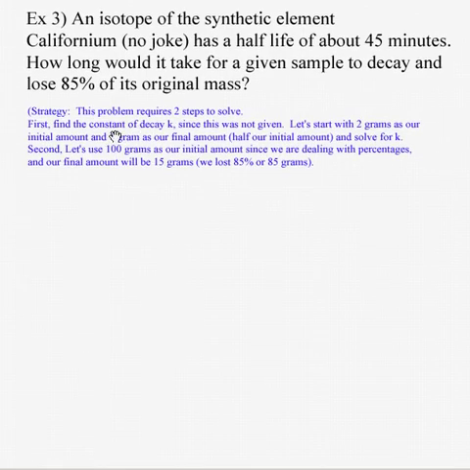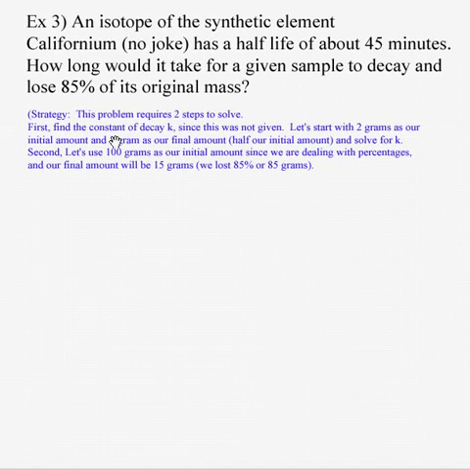This is half-life, so our final amount is going to be half of it. We can start with 2 and end with 1. We can start with 1 and end with a half. And we're going to solve for k. That's step 1. Second, since we're talking percentages, let's start with 100 grams as our initial amount. And then our final amount is 100 grams minus the 85, which gives us 15 grams. So that's where we're headed.